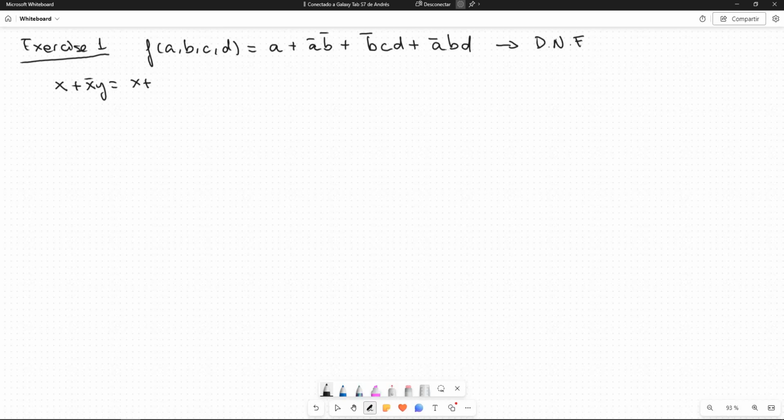We can get rid of the negated variable. So this can be simplified as this, applying the consensus law, that is theorem 7. So I'm going to continue.